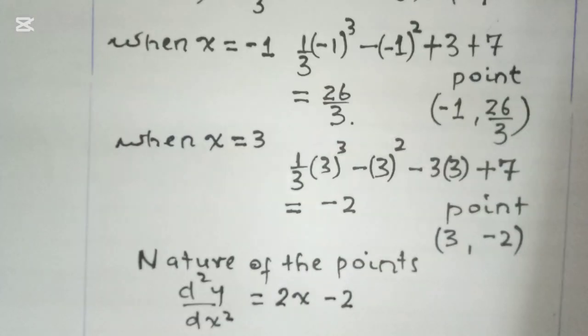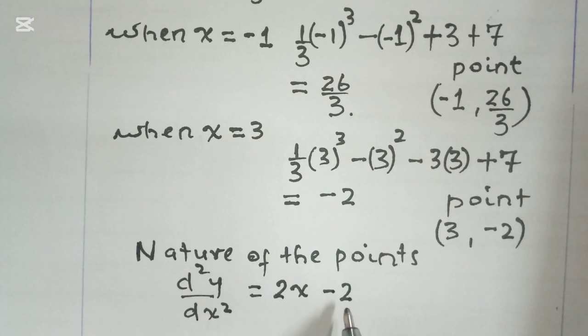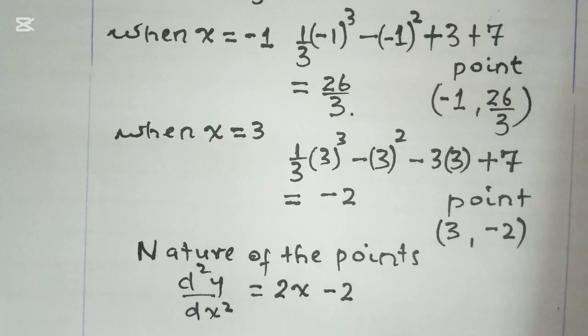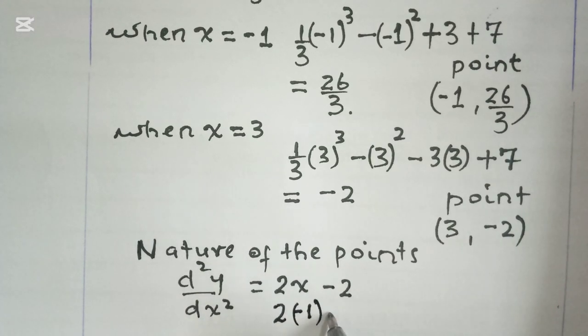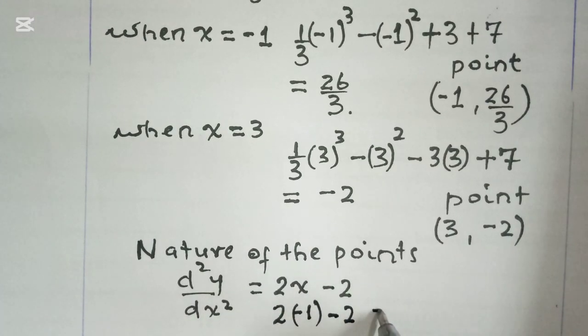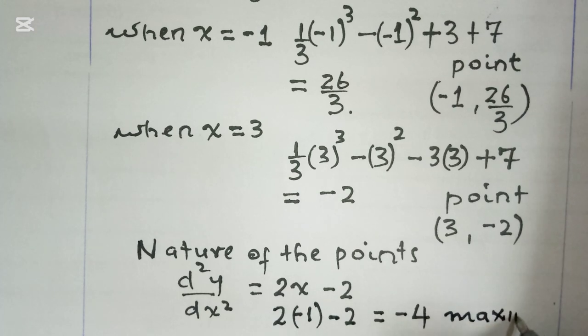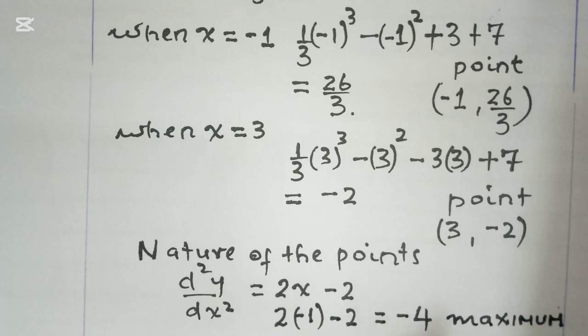So for us to find the nature of the point, when we replace x with negative 1, if we find the solution is negative, then that point is a maximum. So if we have 2 times negative 1, minus 2, this gives us minus 4. So this one is a maximum. Sometimes we call it maxima, but it's maximum.